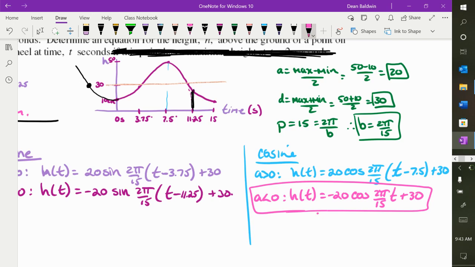That's why when a is positive, it's 7.5, because you're looking for the max. When a is negative, it's just the minimum. Yeah. You could have used 15 if you really wanted to. Okay. All right. Flip the page, please.